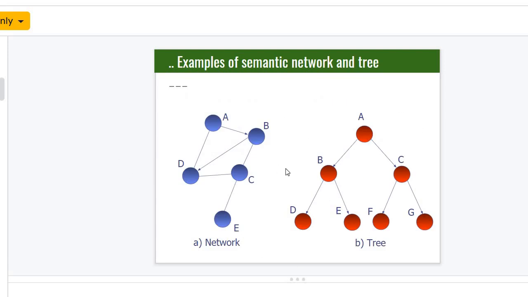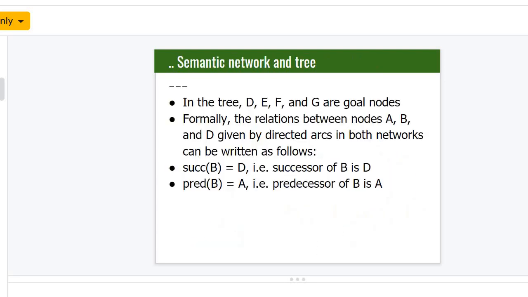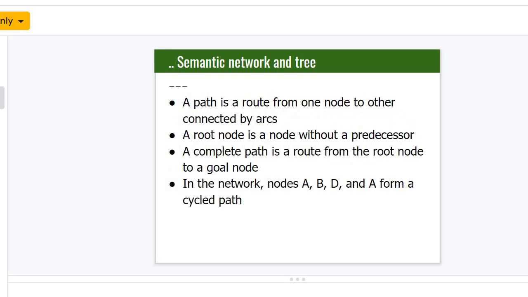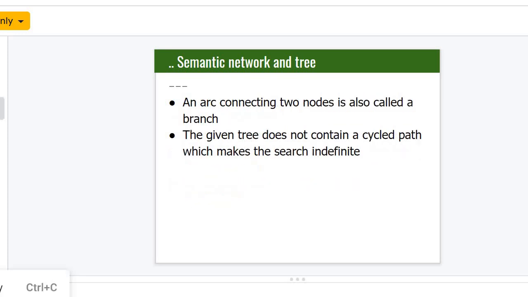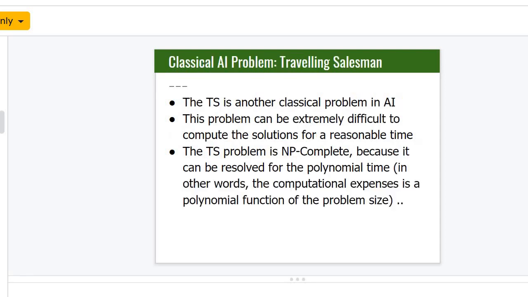A cycle path is one where we start and then come again to that particular point. If there is a cycle path, then it is a definite search, otherwise it is indefinite. So this is all about that.